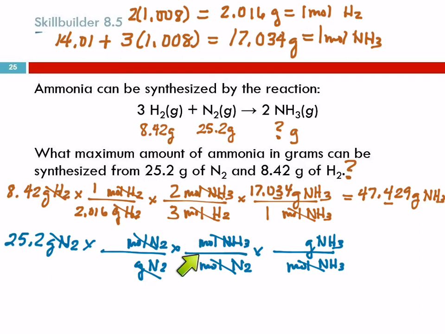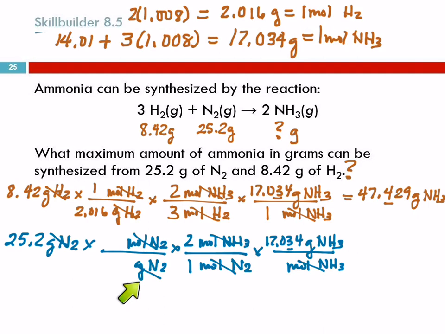The middle one, from the equation again, in front of NH3 is a 2. So I've got 2. And in front of nitrogen is nothing. So that's a 1. My last term is the same. So I'm just going to put that same molar mass in there because the molar mass of ammonia did not change since we started this problem.